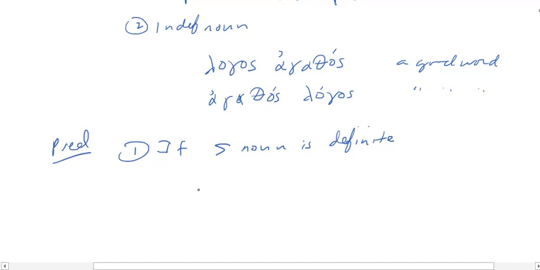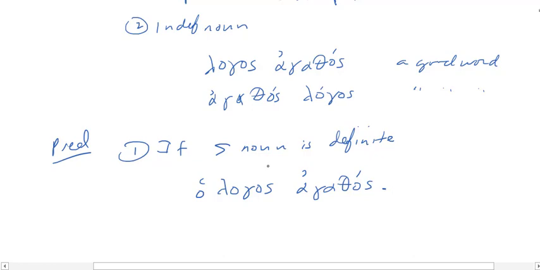Okay? Let's use this example here. Logos agathos. Okay. That is a full sentence.